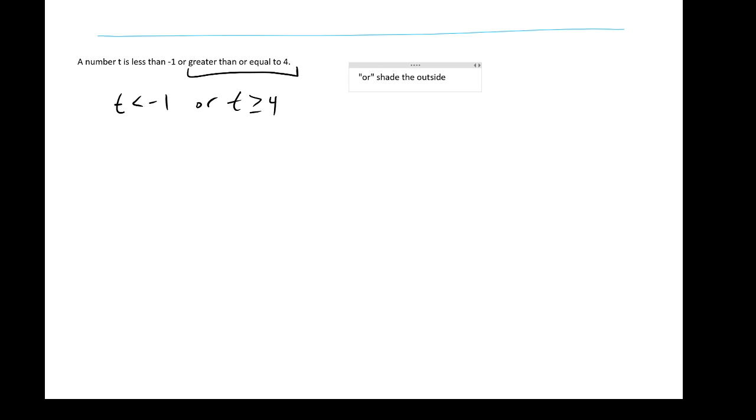What I mean by that, again, we're going to put our number line out. We're going to have 0. We're going to show -1 in relationship to 0 on the left. 4 is going to be on the right, further from 0. And then this one over on the left with -1 does not have a line underneath. It's not equal to, so we're going to leave an open dot, versus 4, which is going to be a closed dot, because it's also equal to.